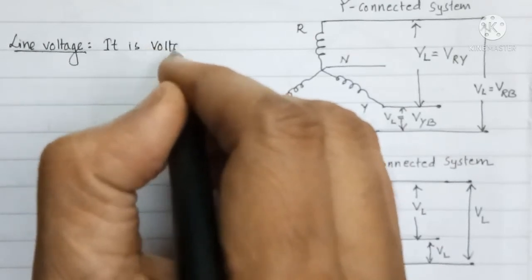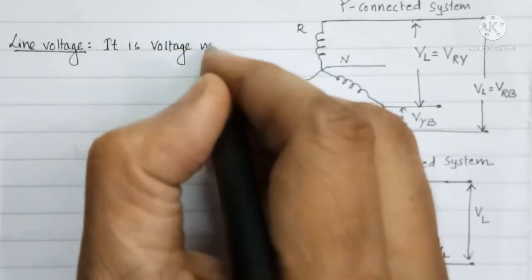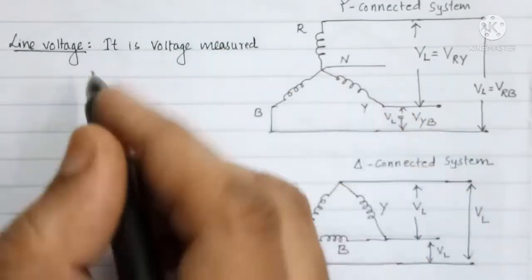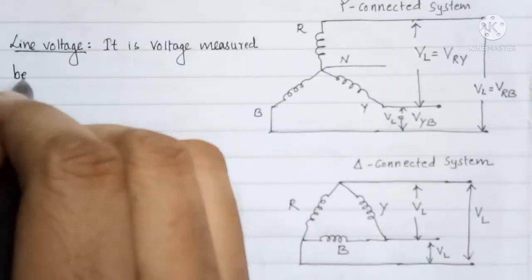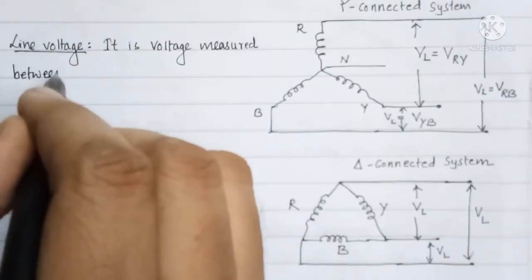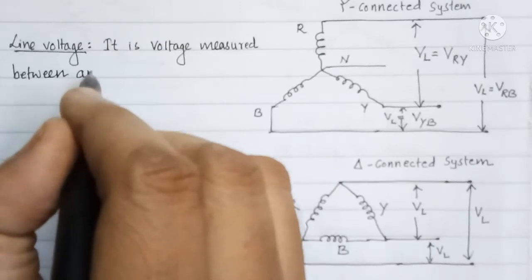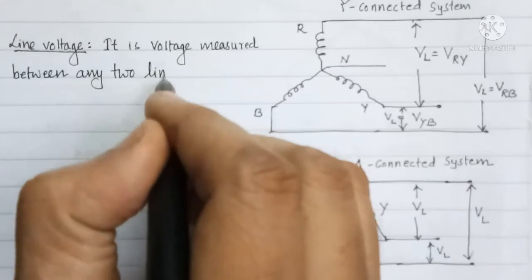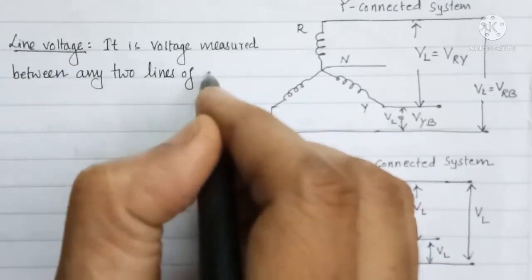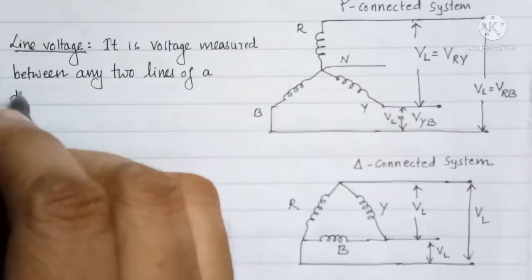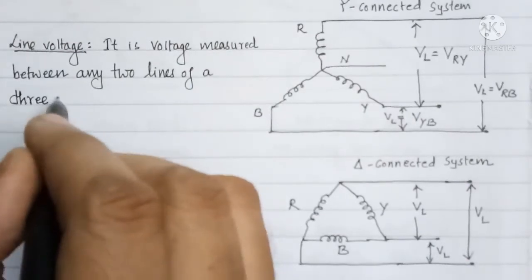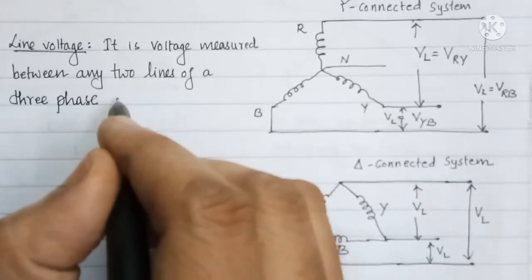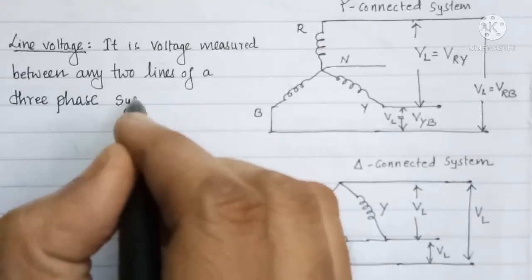It is voltage measured between any two lines of a three-phase system.